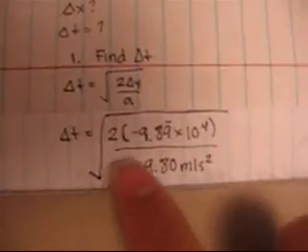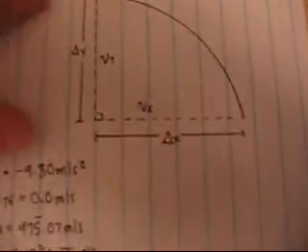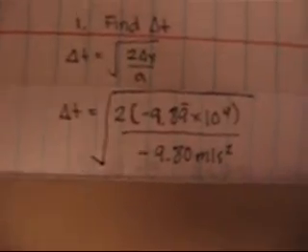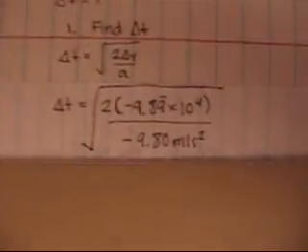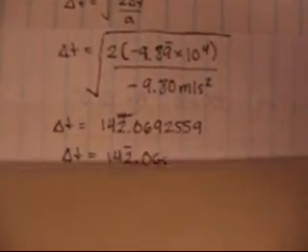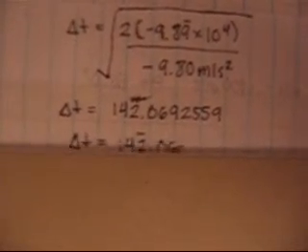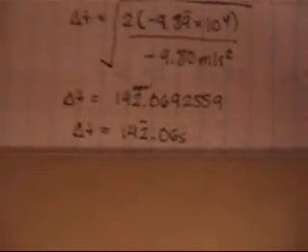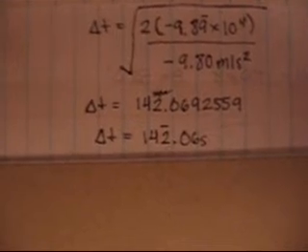Make sure it's a negative, because now we're going in the negative direction, we're going down. And what we get is that big number. I brought it down there, 3 sig figs once again.